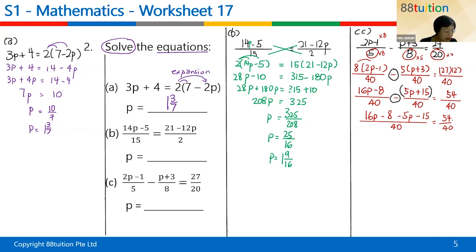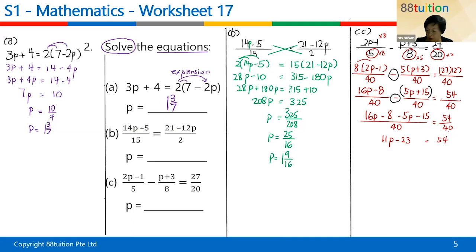Okay. Now then, I have to change this to an equation by simplifying. 16p minus 5p, I get down to 11p minus 8 minus 15, that's minus 23, and equals to 54. Do you realize that I don't even want to write down the denominator at this point in time? The reason for that is because since they have a common denominator, I am comparing the numerator only.